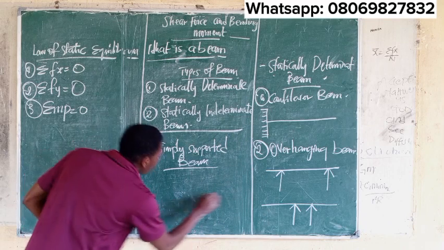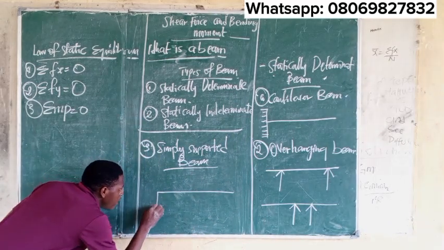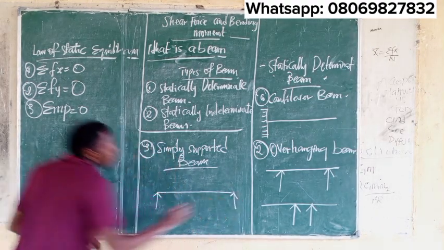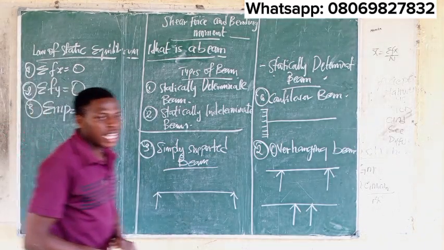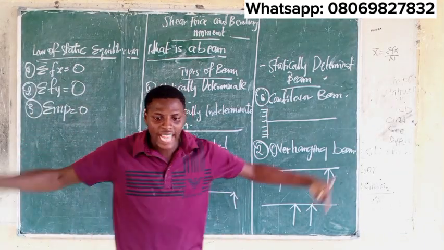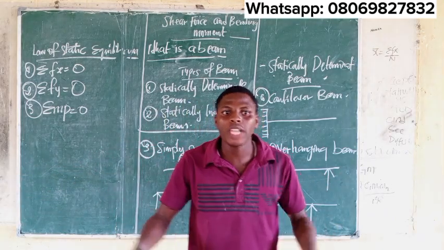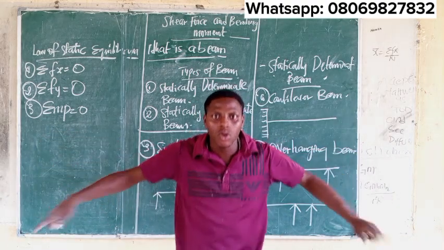So if you have a beam of this manner, your support will be at this end and another support will be at the other end. Note, we are not talking about fixed support. We are just talking about the support.